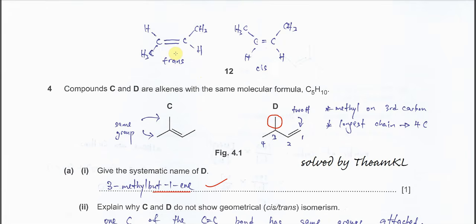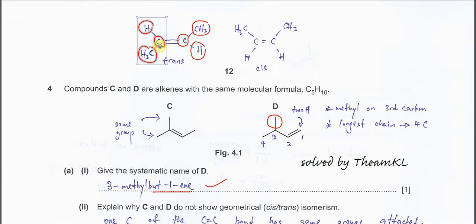In organic chemistry, when we have cis and trans isomers, the carbons in the C=C double bond must have different groups, which means one carbon is bonded to two different groups, and the other carbon is also bonded to two different groups, so this alkene can form geometrical isomerism.